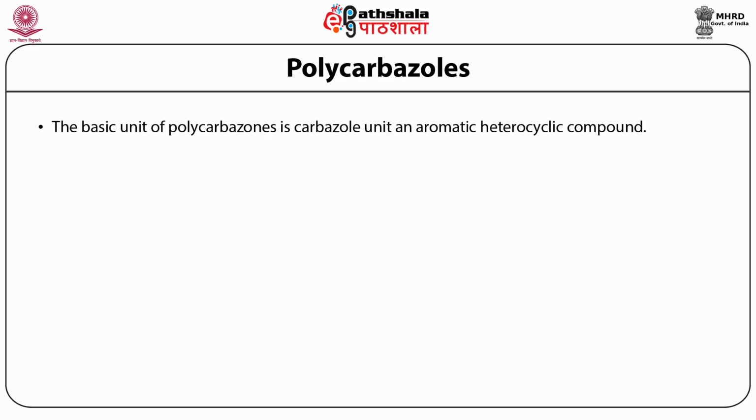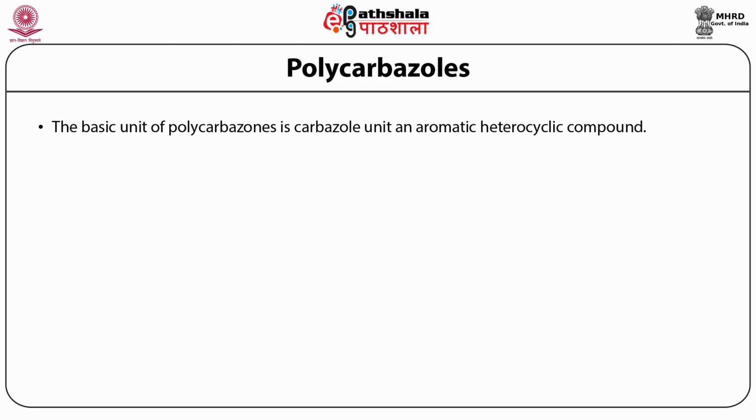The basic unit is based on the structure of an aromatic heterocyclic organic compound, indole. The difference is that in carbazole, the second benzene ring is fused onto the 5-membered ring at the 2,3 position of indole.